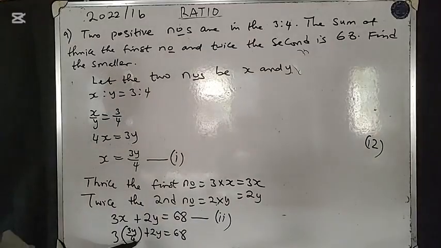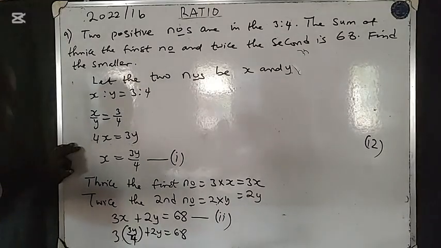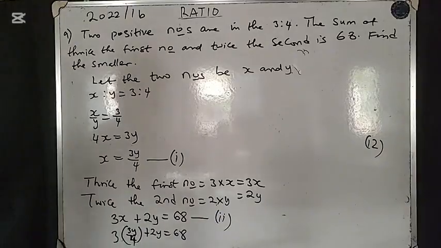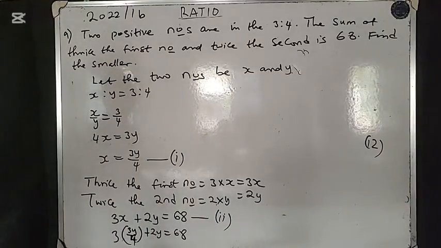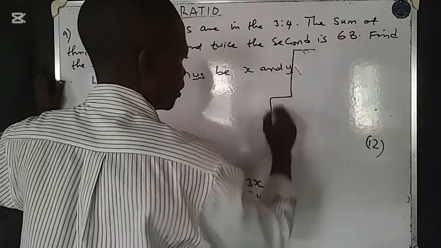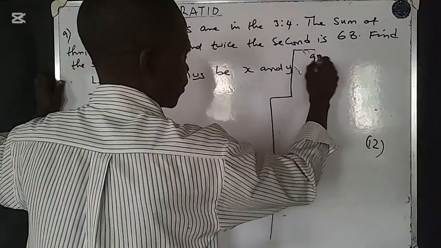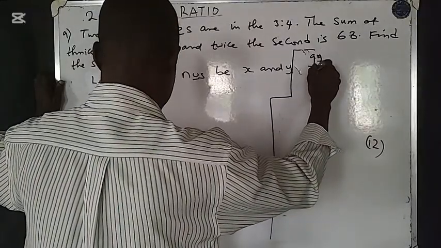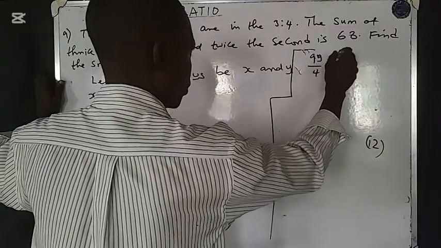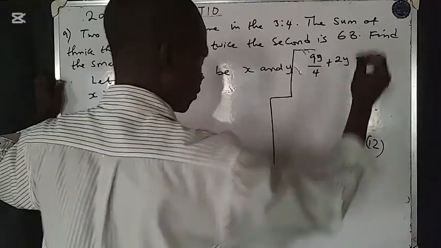To remove this denominator, what do we do? Let's first say 3 times y, 9y over 4, plus 2y equals 68.